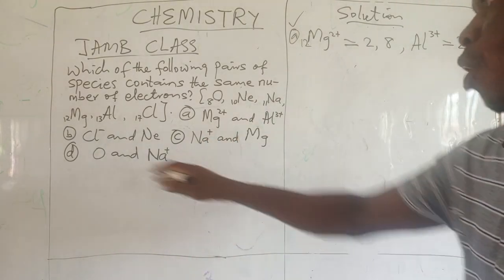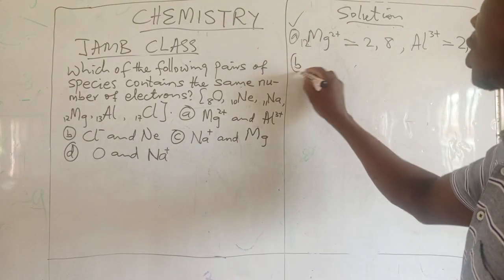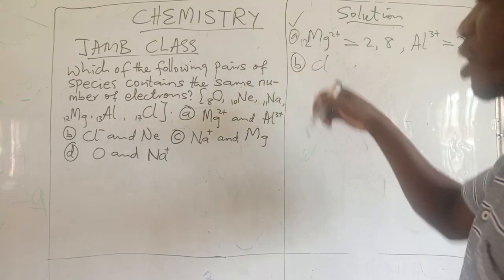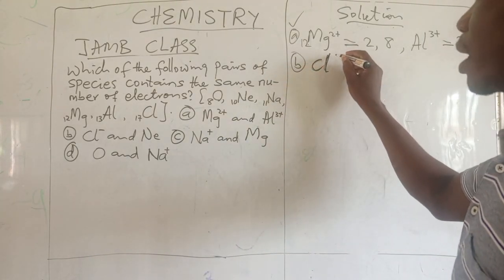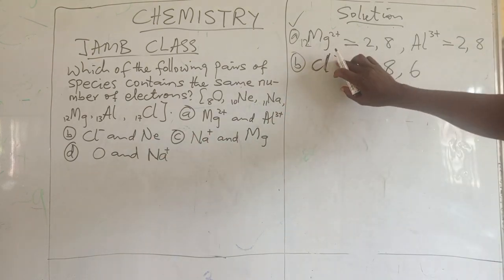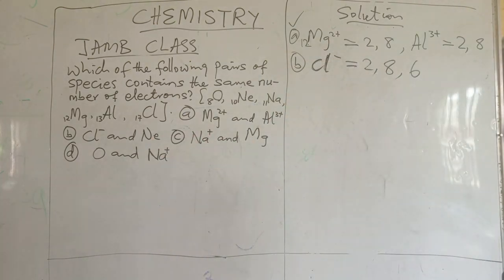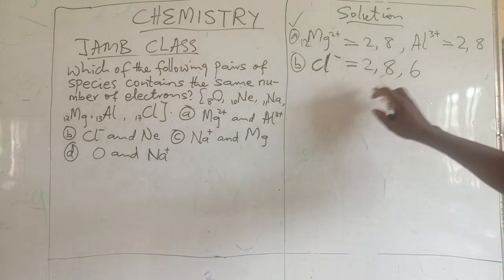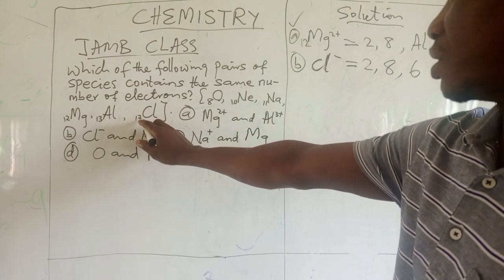But if you care, we can do the next so that you see that other ones are not correct. Cl, that's for B. You have Cl minus. It has gained 1 electron, meaning this minus means gaining. So 1 electron comes in, because now it is 17.